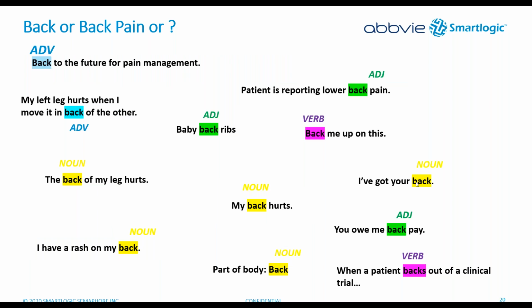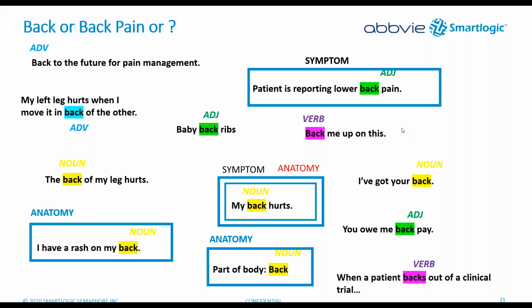But well, so is I've got your back. So is the back of my leg, etc. So actually, part of speech helps, but it doesn't get you all the way. When these are the actual ones you're looking for, and some of them are actually adjectives when you're looking for back pain, etc. There's some other examples I'll show you.